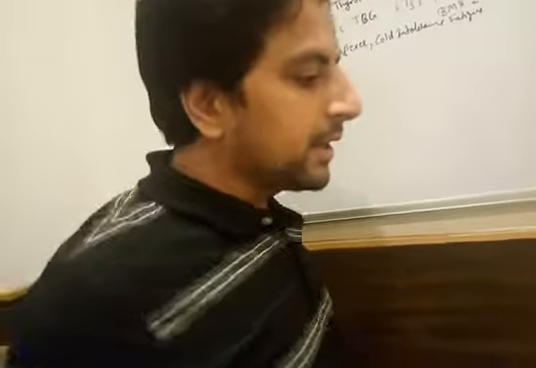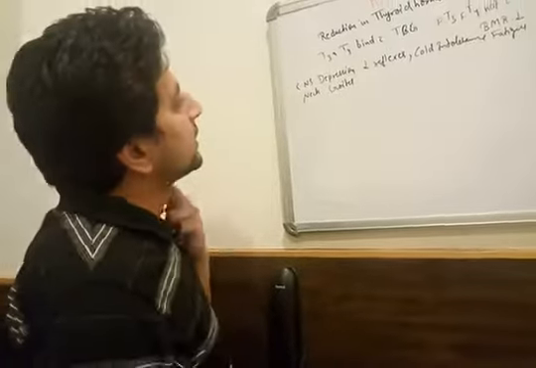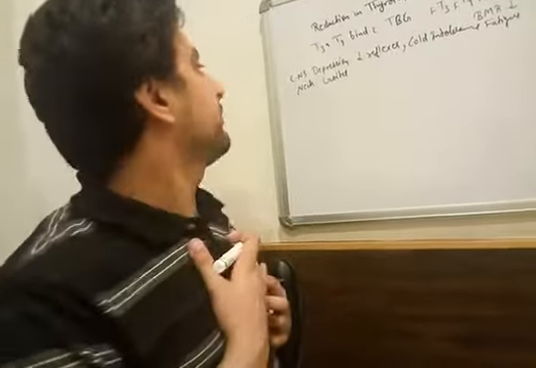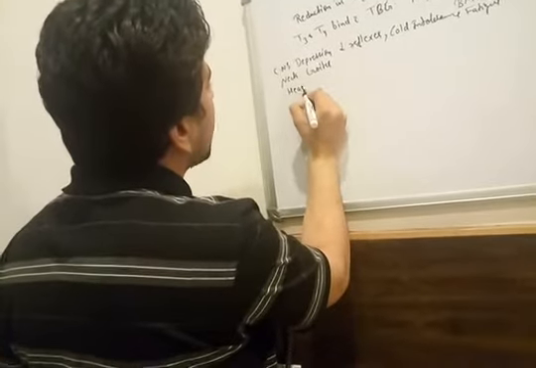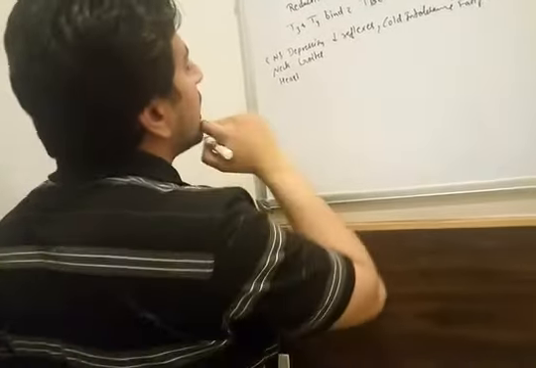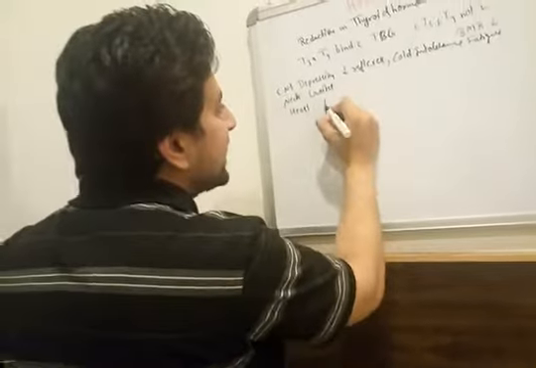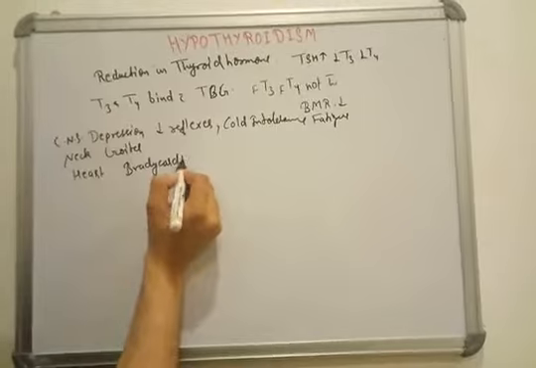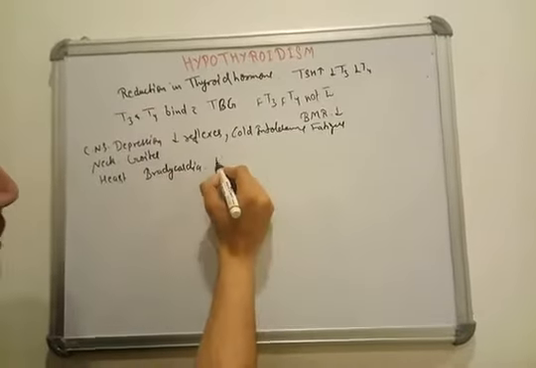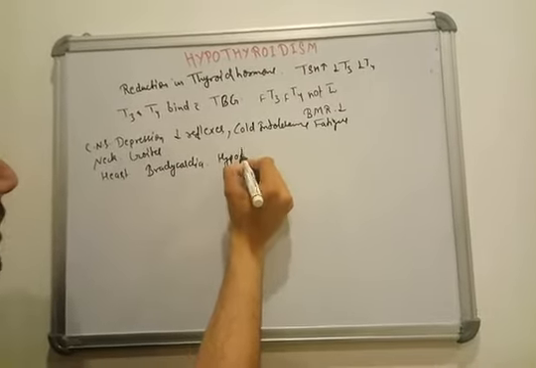And what else happens here? On the heart, if we think of the CVS, it includes bradycardia, low heart rate, and hypotension, low.